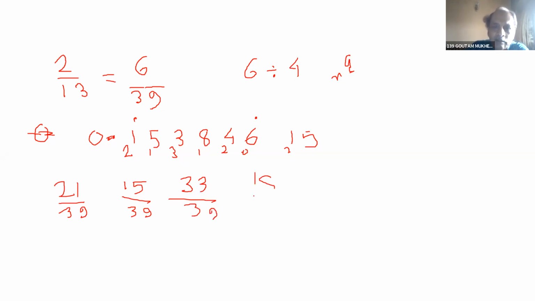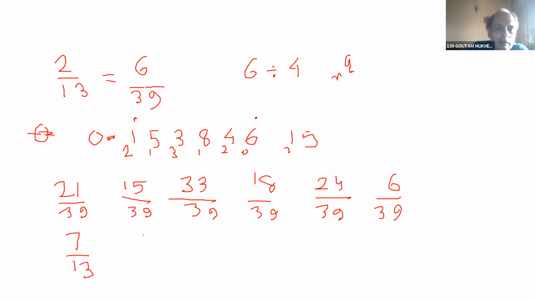Oh, 39. 24 by 39 and 6 by 39 are 7 by 13, 5 by 13, 11 by 13, 2 by 13.